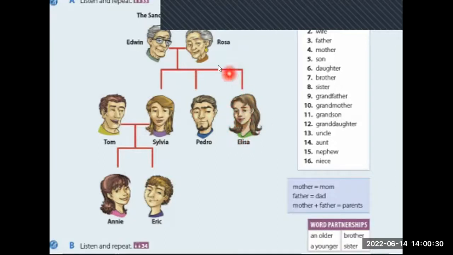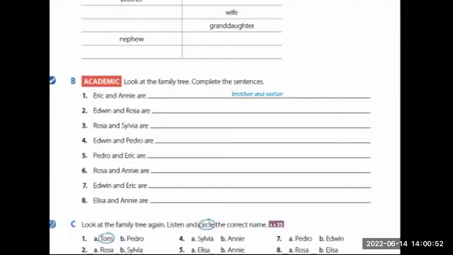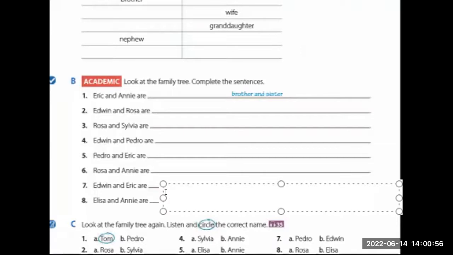And Alyssa says, my sister's daughter is my niece. So Alyssa and Annie, aunt and niece. Many people pronounce aunt differently, but it's aunt and niece. Let's go write that in. Alyssa and Annie are aunt and niece.